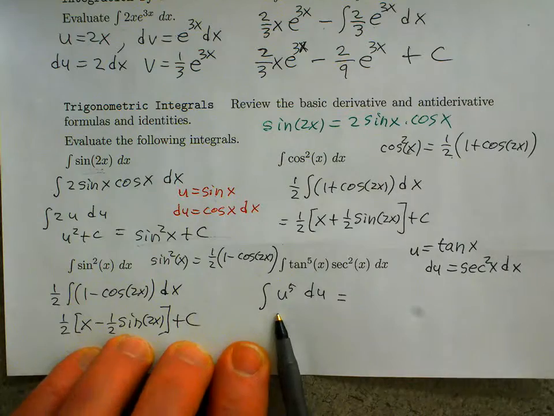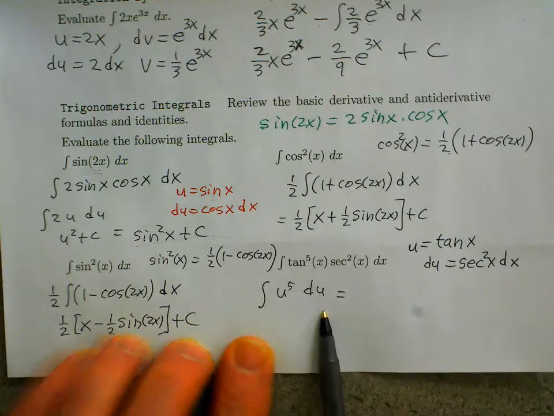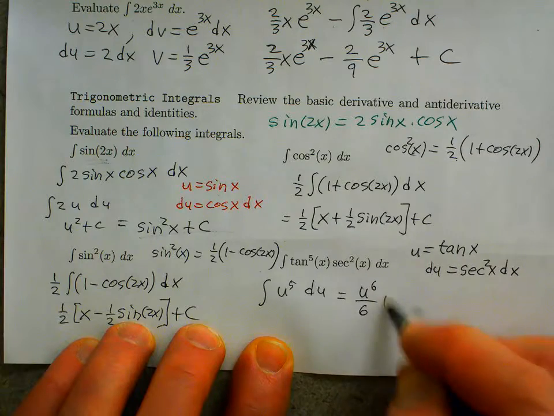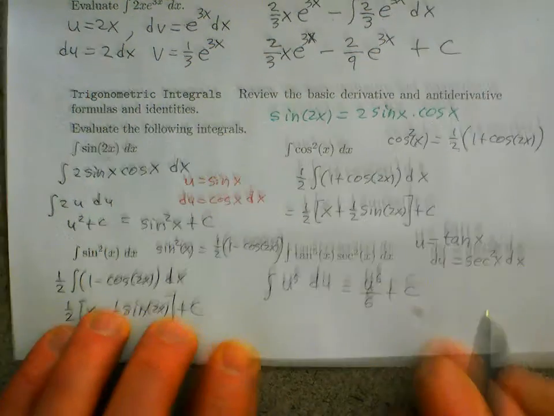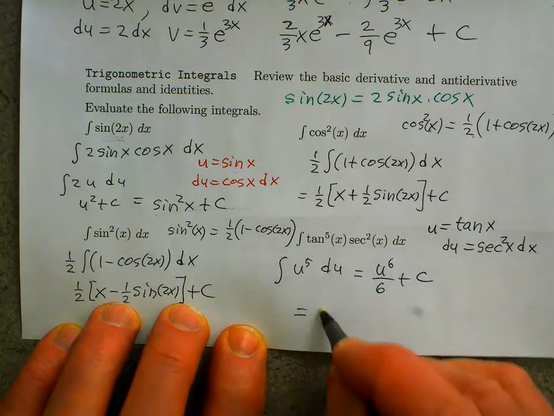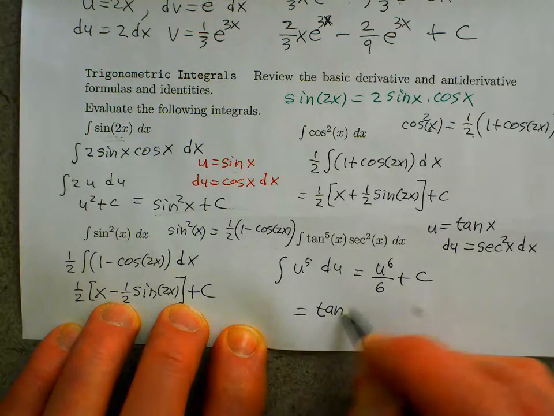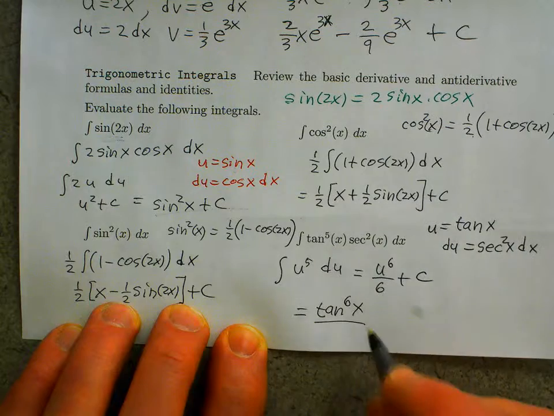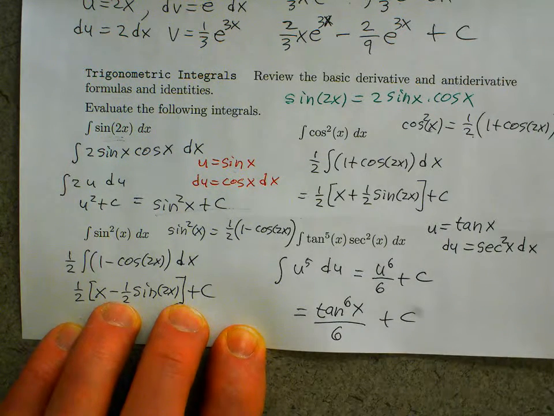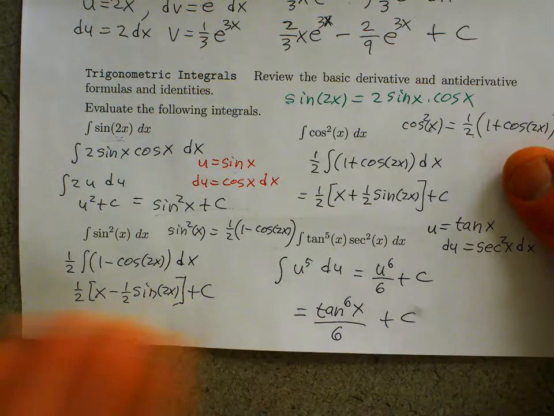And then an antiderivative of u to the fifth with respect to u is u to the sixth over 6 plus constant. And then replace u with tangent of x again. So we get tangent of x to the sixth divided by 6 plus a constant. So there are no doubt other ways to do that. Okay, let's go on to the next page.